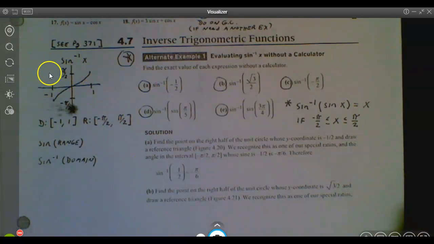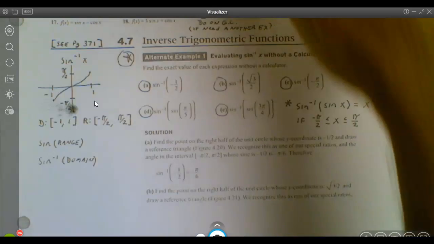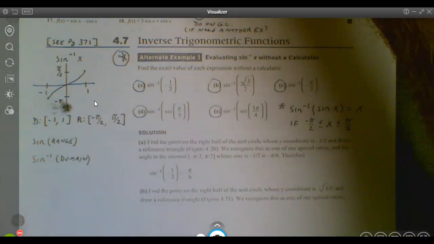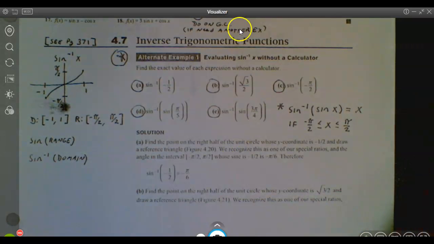So again, I sketched this, obviously not quite as pretty as the book one, so I wanted you guys to see that. That was on page 371. So we're looking at some of these guys. We're just going to progress our way through these 5 problems right here, because this is ultimately leading into this idea.